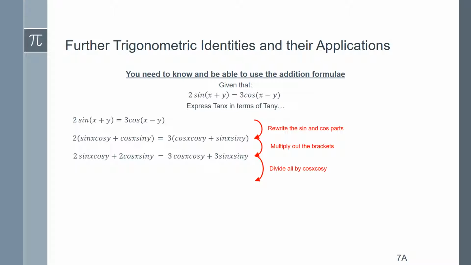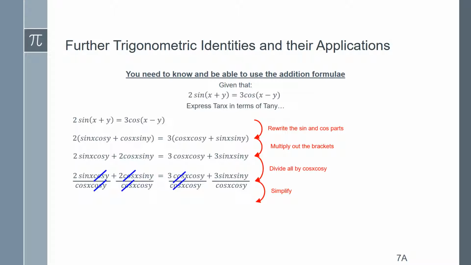Let's now divide by cos x cos y. That looks like it's going to be a good idea. So now if we do that, lots of things will cancel. That's why it's a good idea. And apart from that, we want tan to crop up at some point, and since we know tan is sine over cos, if we want a tan to crop up somewhere, we're going to have to do something. So the cos y is cancelled there, so left with sine x over cos x.